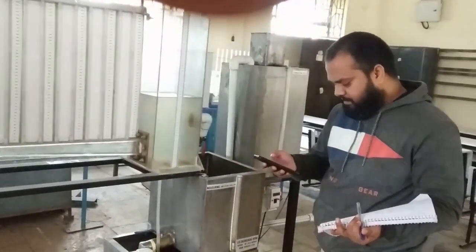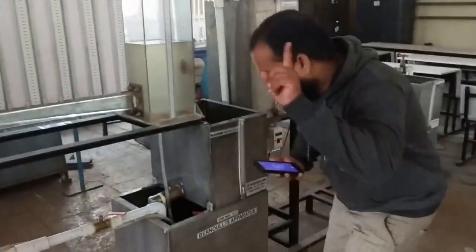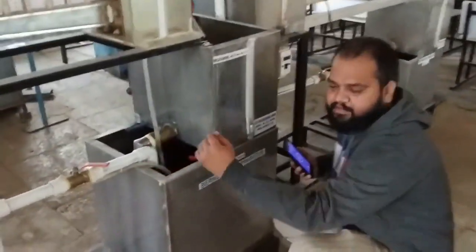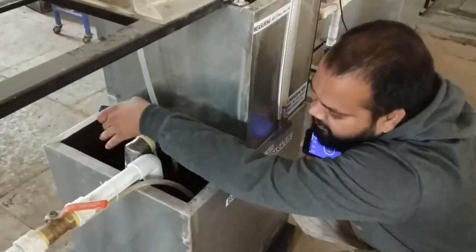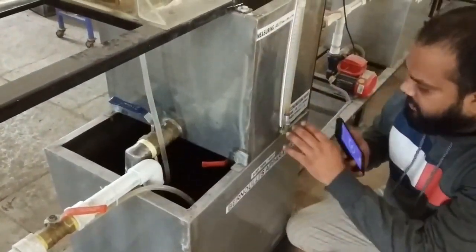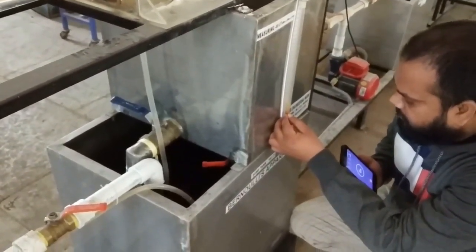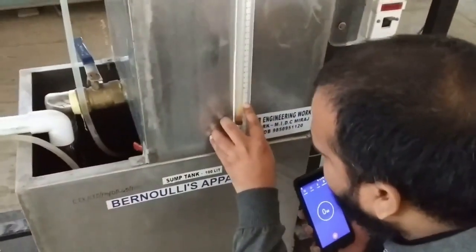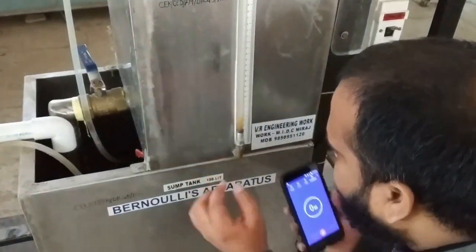This is the stopwatch. Okay, I am starting the stopwatch. Now I am taking the first observation. I close the outlet valve of the measuring tank. Here we see the water rises in our piezometric tube. I start the stopwatch from 7 centimeter and stop at 9 centimeter.